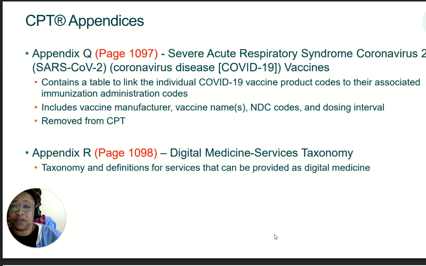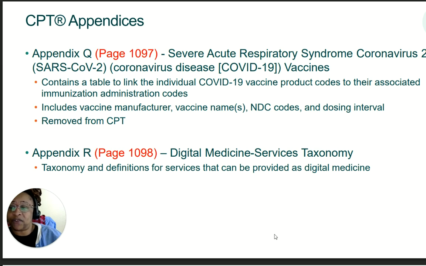Appendix Q, severe acute respiratory syndrome coronavirus 2, coronavirus disease 2019 vaccines, contains a table to link the individual COVID-19 vaccine product codes to their associated immunization administration codes.